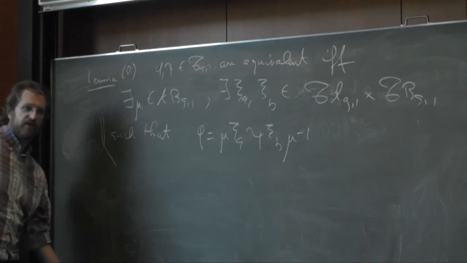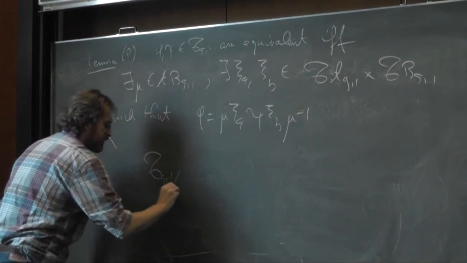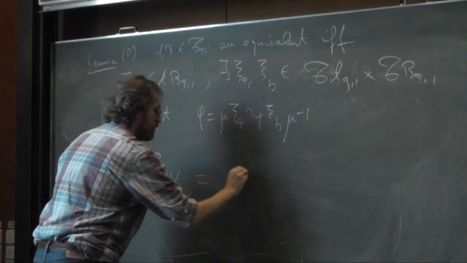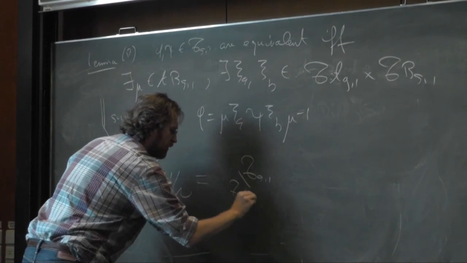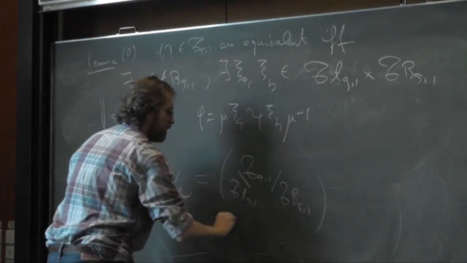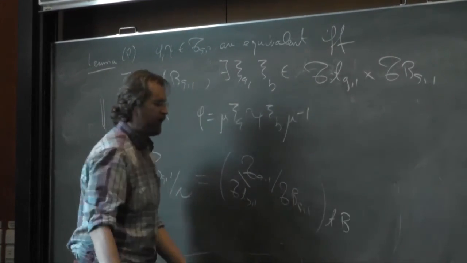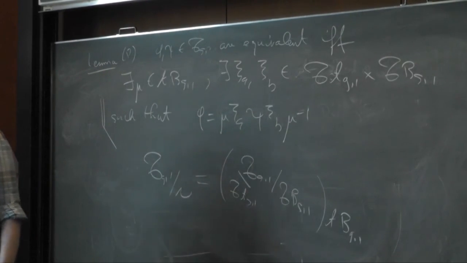So to make things very short, the equivalence relation is, well, take the obvious double cosets and then take co-invariance with respect to the action of ABG1.